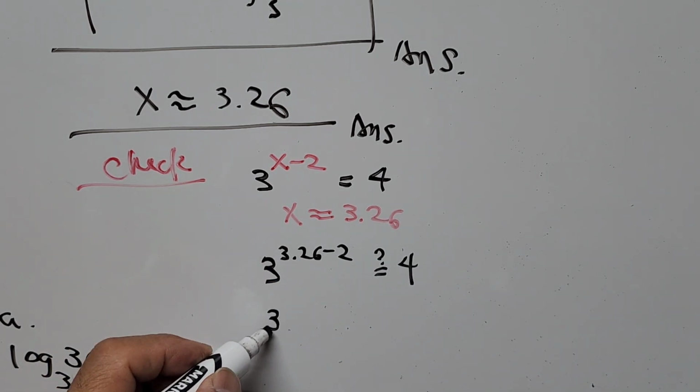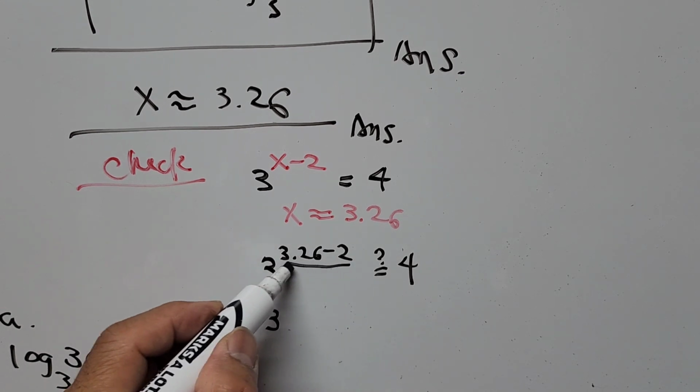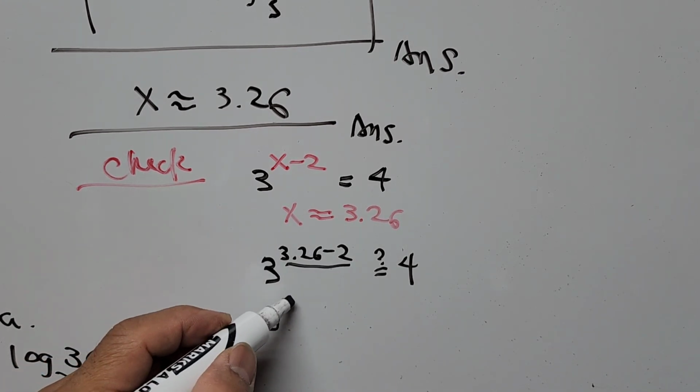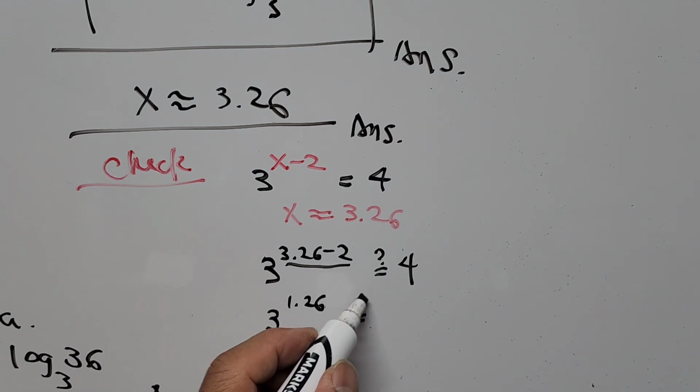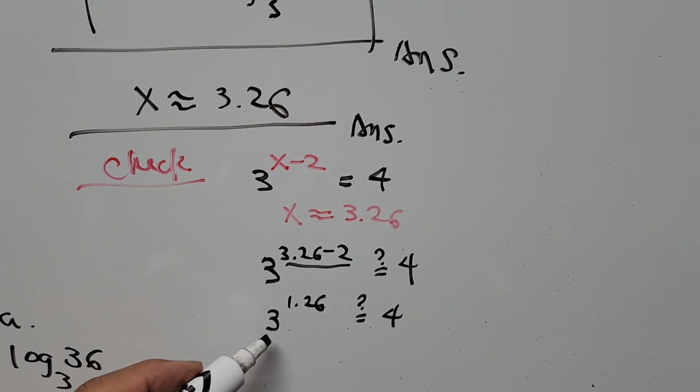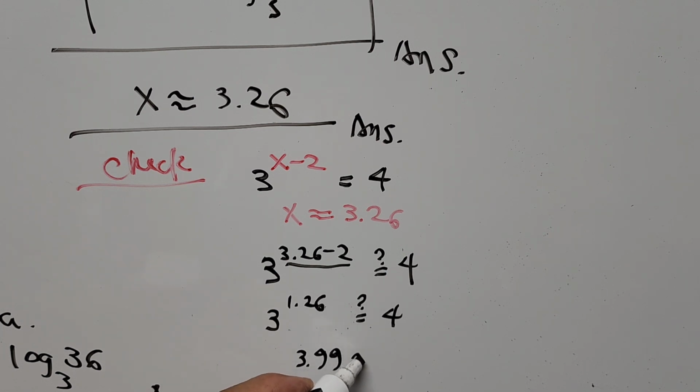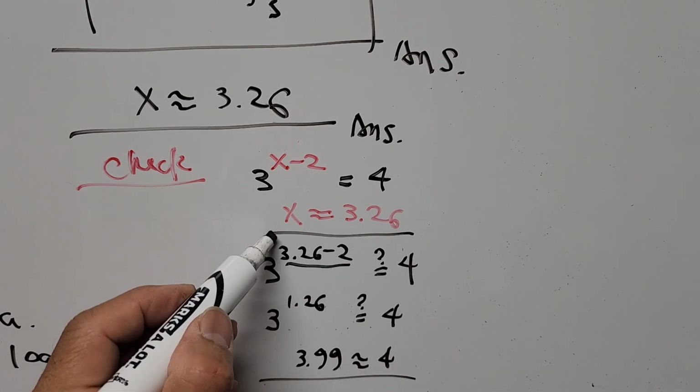Subtracting 2 out of this will be 1.26, and 3 to the power of 1.26 is approximately 3.99, and this is approximately equal to 4. So they're close enough. This simply means that the value of x that we found is correct.